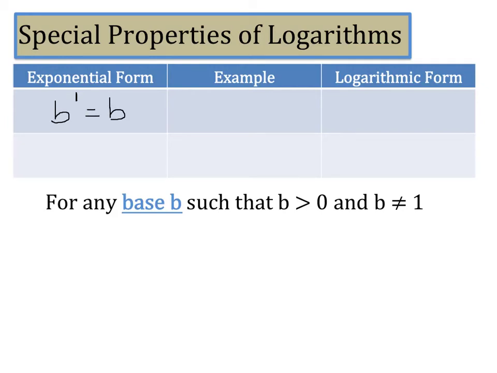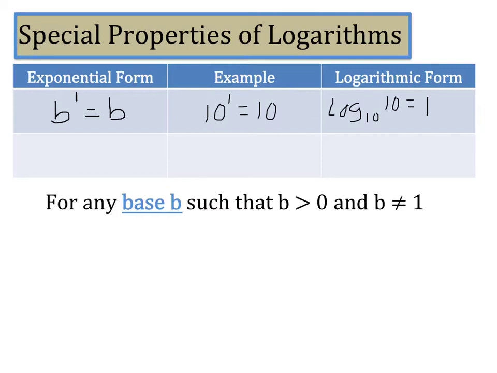For example, let's say we had 10 raised to the 1. We know it's just going to equal 10. And the logarithmic form to write this, we know that the log base 10 of 10 equals 1. So basically, anytime you have a base raised to that same number, the answer is just going to be 1.